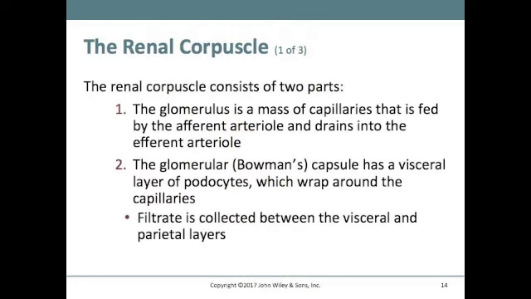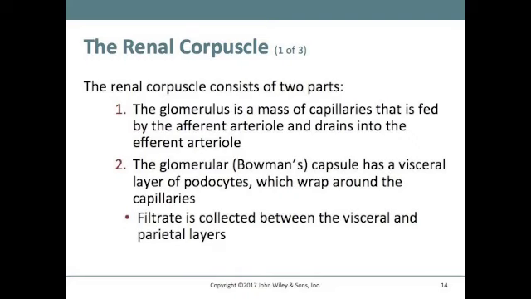Moving on to the next slide. So in the renal corpuscle, blood plasma is filtered into the renal tubule. Moving on to the next slide, the two components of a renal corpuscle are the glomerulus and the glomerular capsule, or the Bowman's capsule.